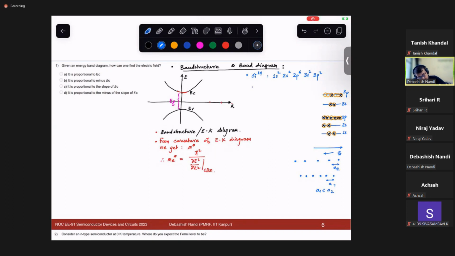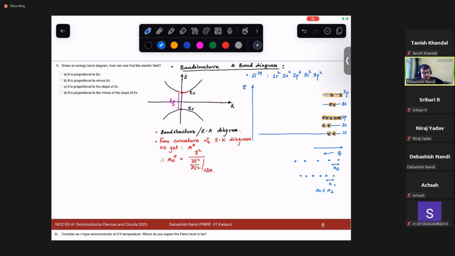Now if I draw energy on this axis and start to reduce A, what do we mean by reducing A? When we reduce A, we are bringing the crystal atoms close to each other. That means the outer shell electrons of the two different atoms will start to interact with each other. So what happens?